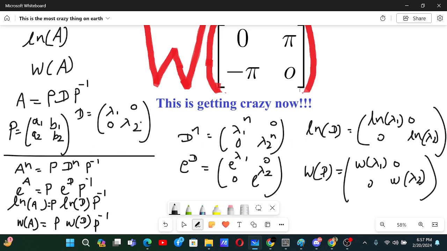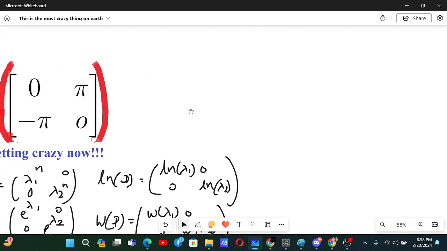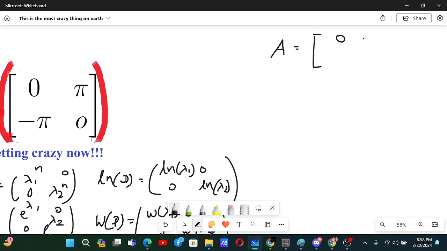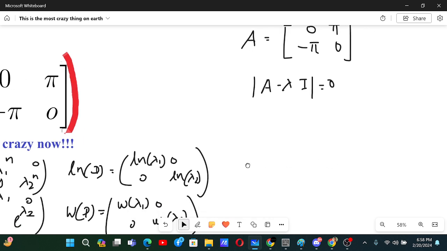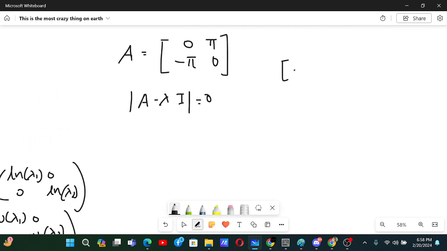So for that, let's begin to find the eigenvalues and eigenvectors of this matrix A equals 0, pi, minus pi, 0. For finding eigenvalues, we need to solve this determinant: A minus lambda I equals 0, and for finding eigenvectors we need this equation, that is (A minus lambda I) times the eigenvector (x, y) equals 0.